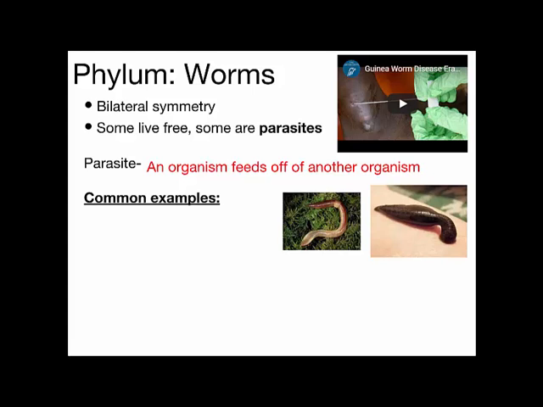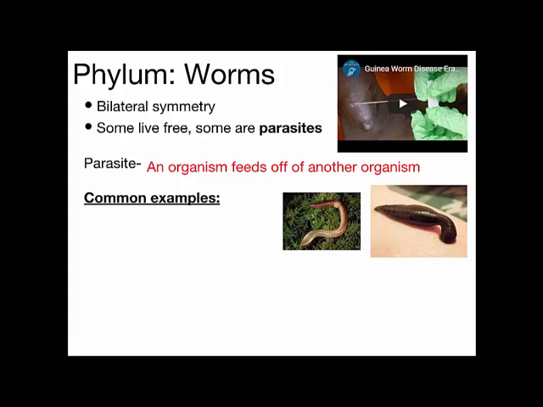A leech is another type of, like I said, segmented worm. They attach to another organism, and they basically bite a hole in it.